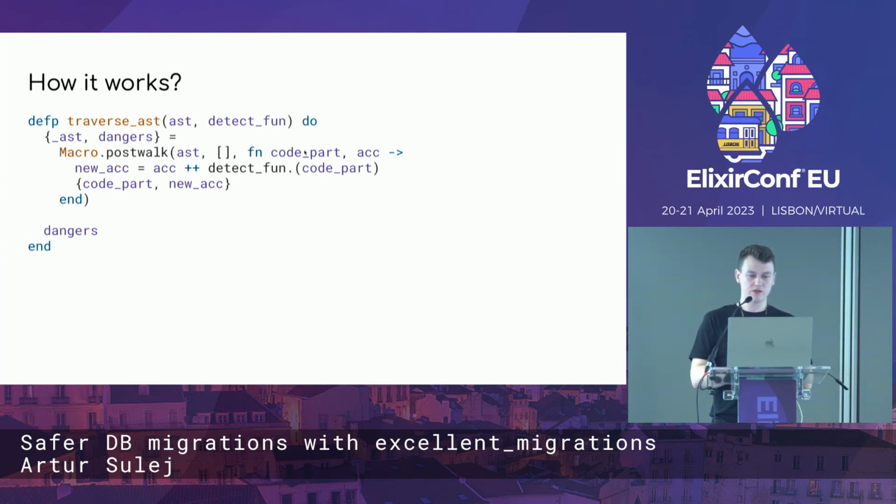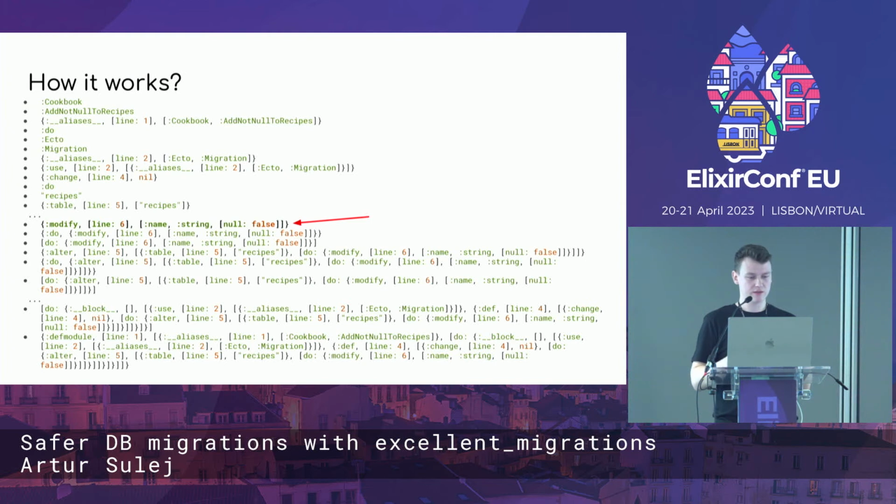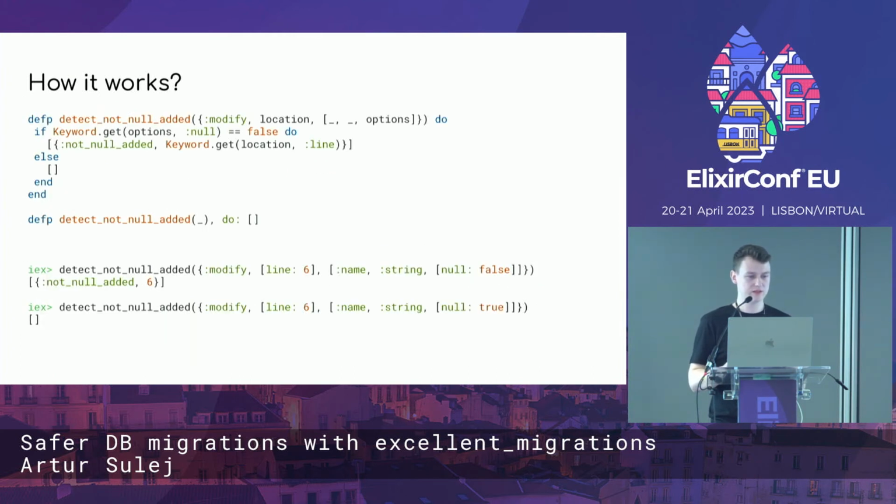They come as this code part argument, and then inside this detect function, it pattern matches it against different things. This is a partial list of those subtrees, just to give you an idea how it looks. Somewhere in the middle you can see the one that we are interested in, in this case.